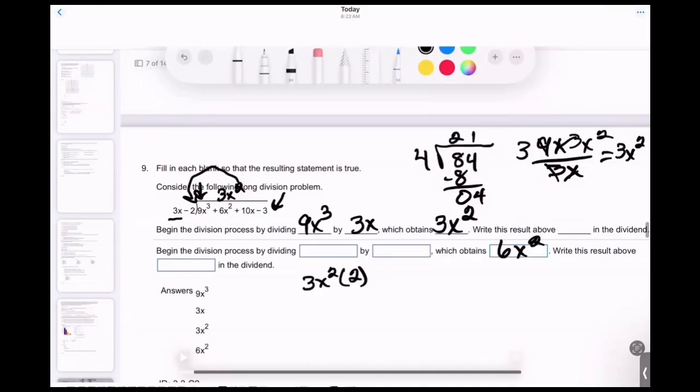And then you write the result above 6x squared. That was it. I keep trying to multiply. That's my problem. I'm trying to do more than the problem is asking. You just write it above 6x squared. That's where the 6x squared came from. Sorry. I need to slow down. Trust me, I will edit that part out of the video.